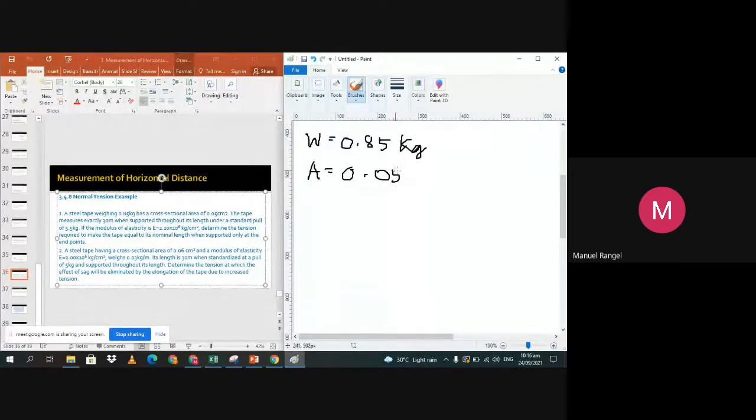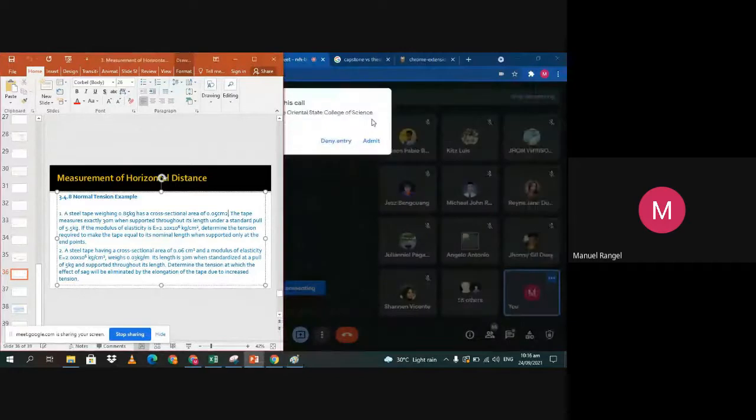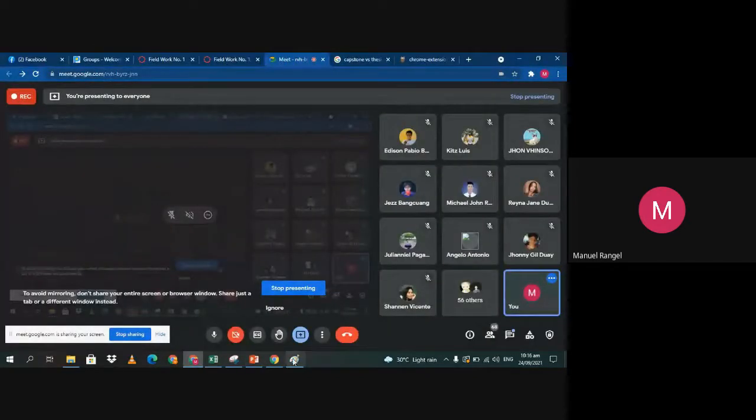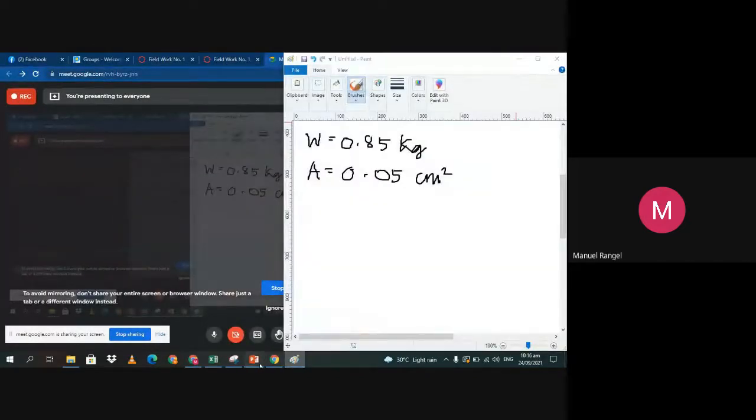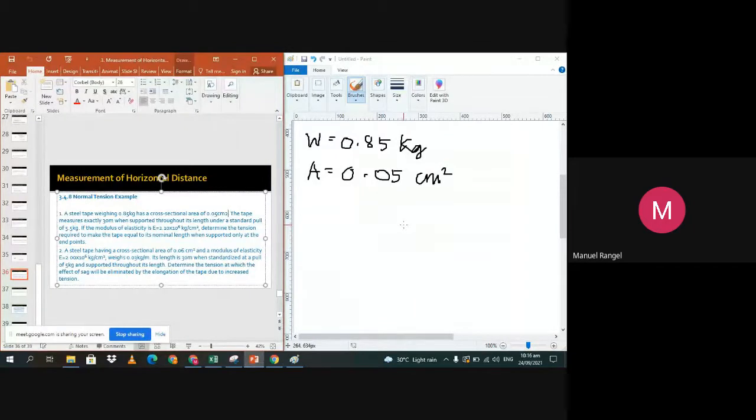By the way, sa decimal, you can use up to 4 decimal places, no? Maximum. Minimum of 2 to 4. Then the tape measured exactly 30 meters when supported throughout its length under standard pull.